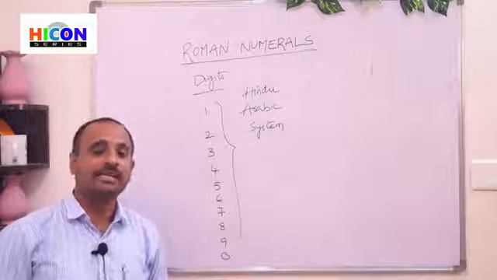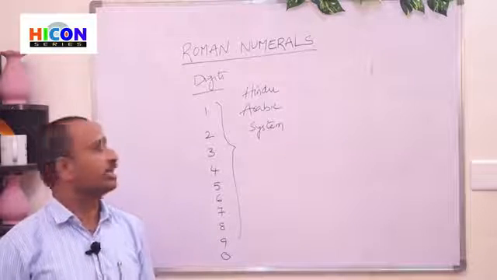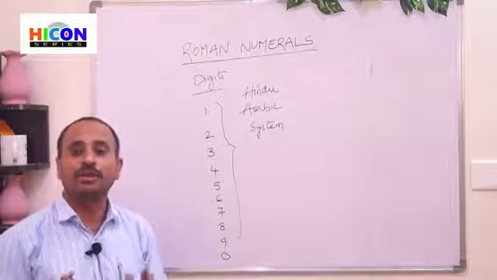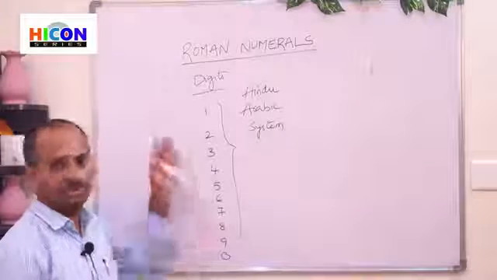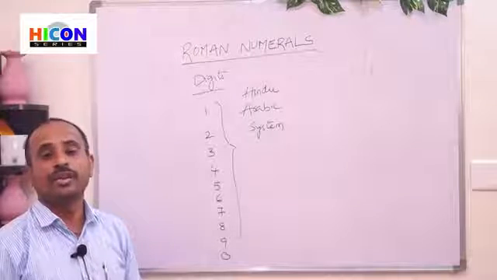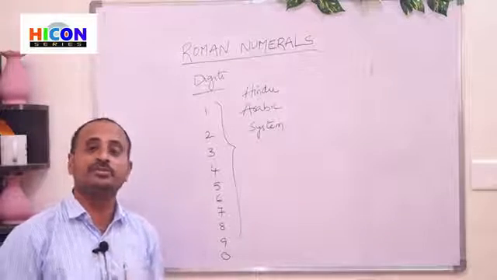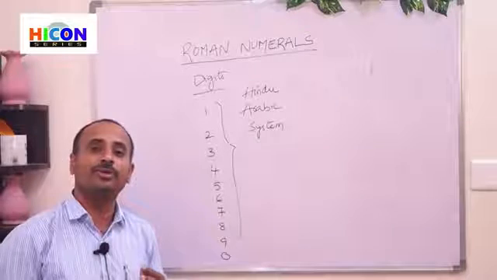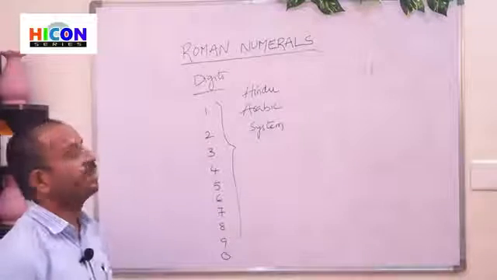But children, in ancient times, the ancient Romans particularly used 7 symbols to write numbers. They used combinations of those 7 symbols, and they wrote large numbers up to 999.